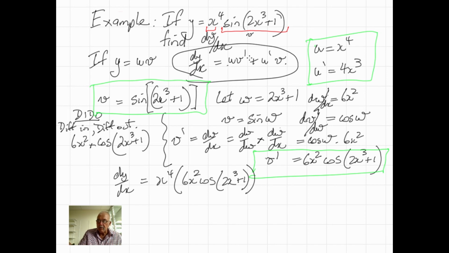So that's u v dash plus u dash. u dash is 4x cubed. v we have to go back and pick up over here. v is equal to sine of 2x cubed plus 1.